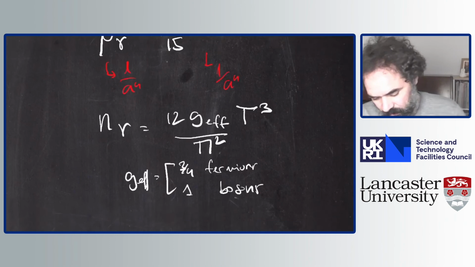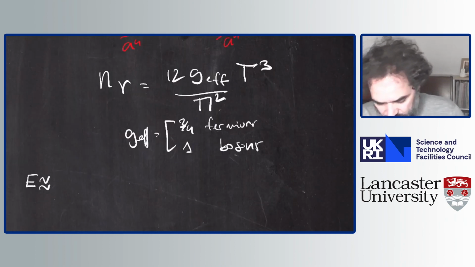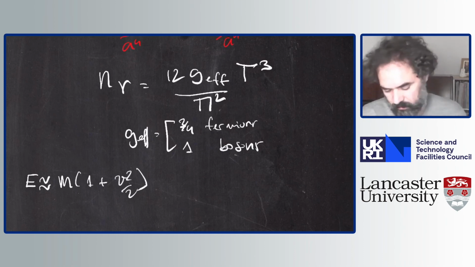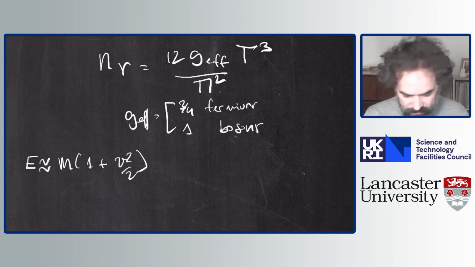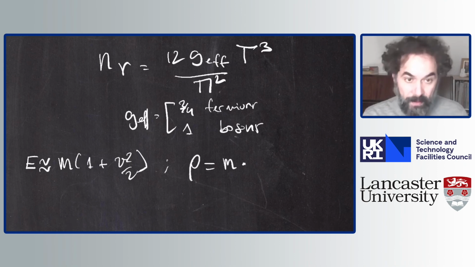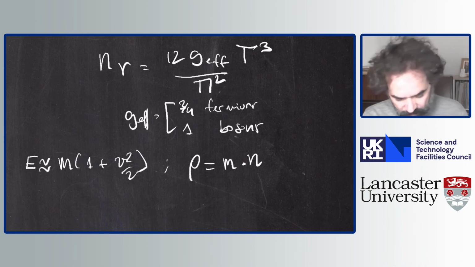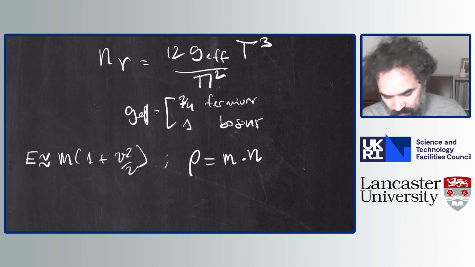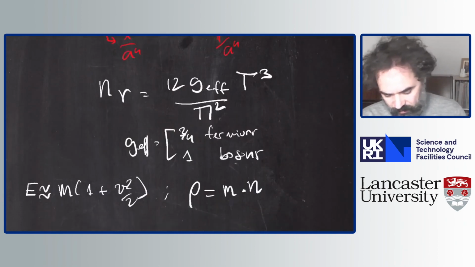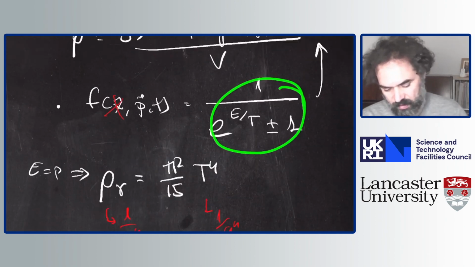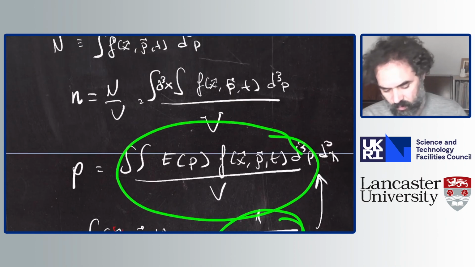Now, for a massive particle, the energy is basically the mass plus a kinetic energy part. So the leading part is the mass, and in this case, rho is the mass multiplying n, right? And the number density, again, you can compute it by using this expression of the energy in the distribution function and plugging it back into these two quantities.